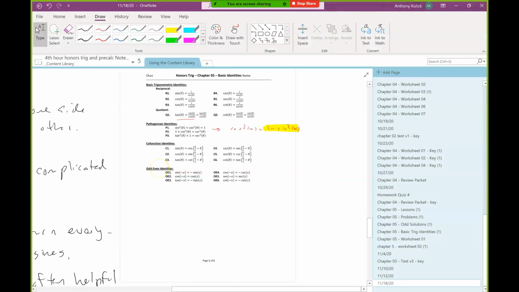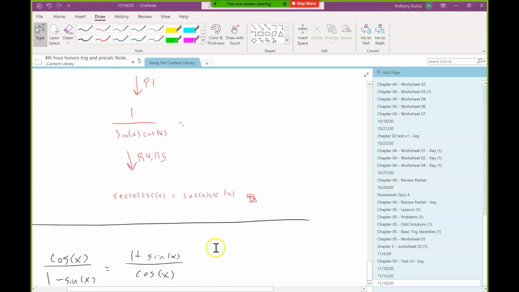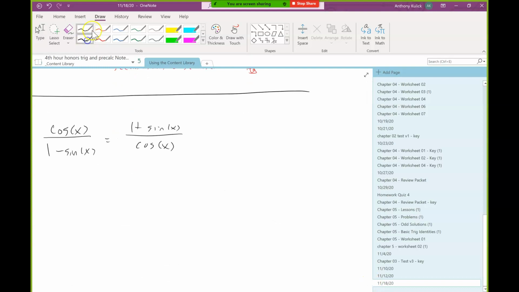So let's go back down and look at what I have. So I have this fraction, and I want to make its denominator 1 minus sine squared.